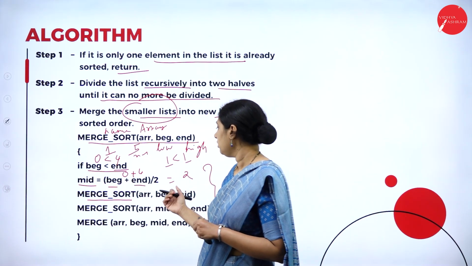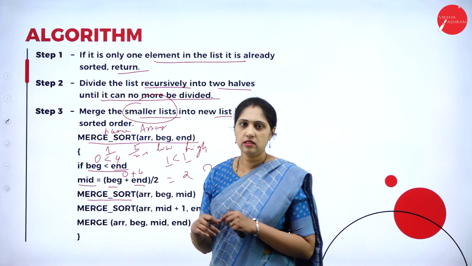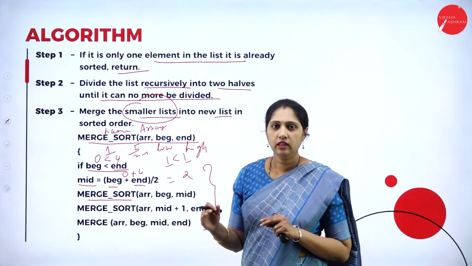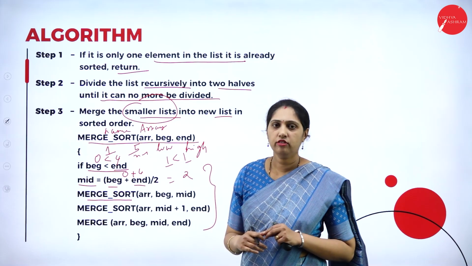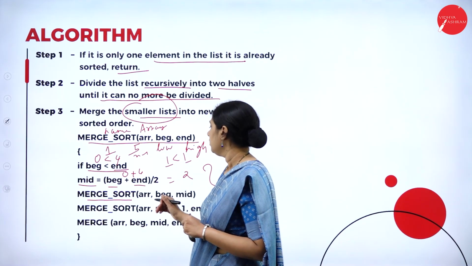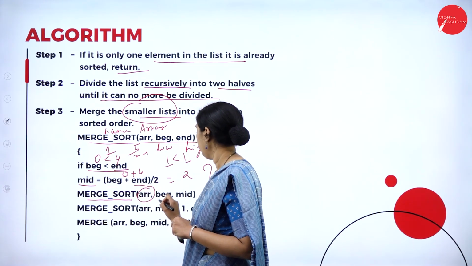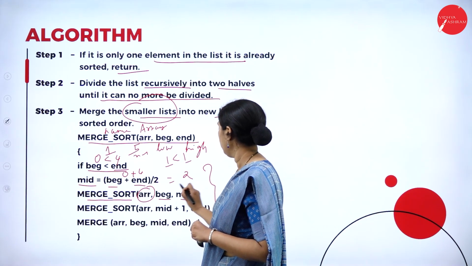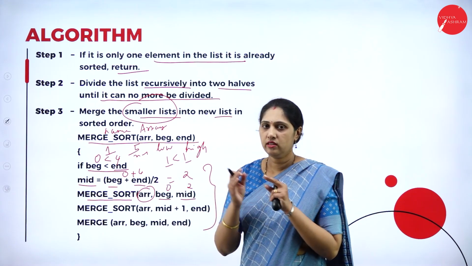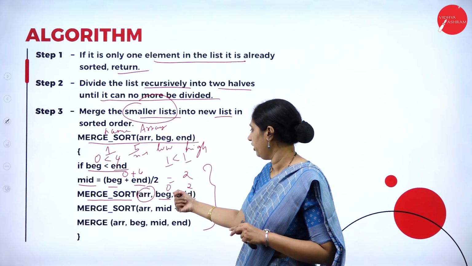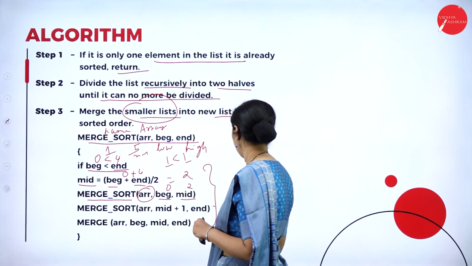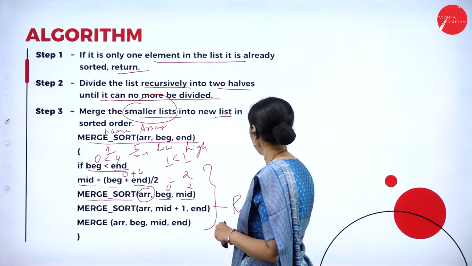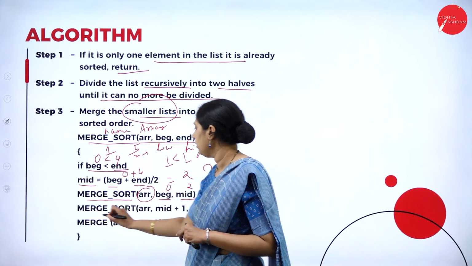If you write the code in a C program separately, we have to implement it accordingly. So merge sort takes the array, beginning, and middle. Now middle is 2 and beginning is 0. So it is divided into the left array and the right array. For the right array, again we call merge sort.